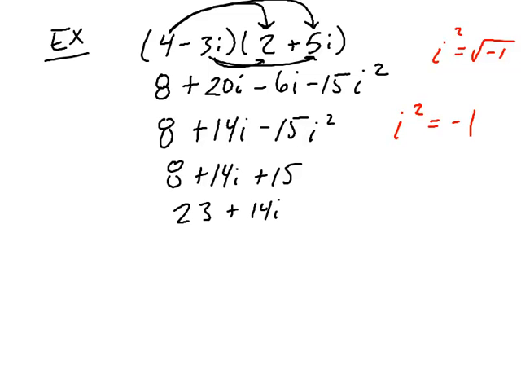multiplying, and then we have dividing, which kind of goes back to what we had with the radicals, where we didn't ever want a radical in the denominator. We don't ever want an i in the denominator.